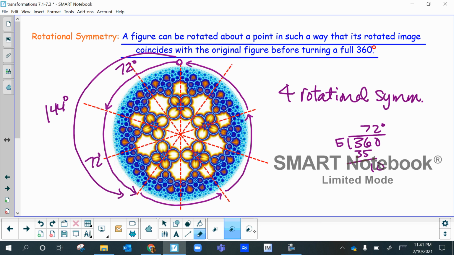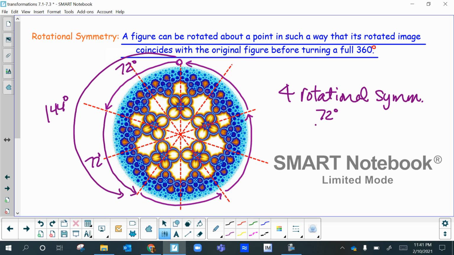So let's see, what we would write down, we would write 72 degrees, then 144 degrees, and then what is 72 plus 144? 216, which takes me to this point.